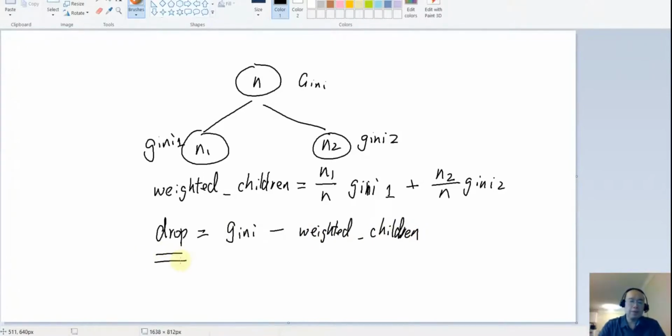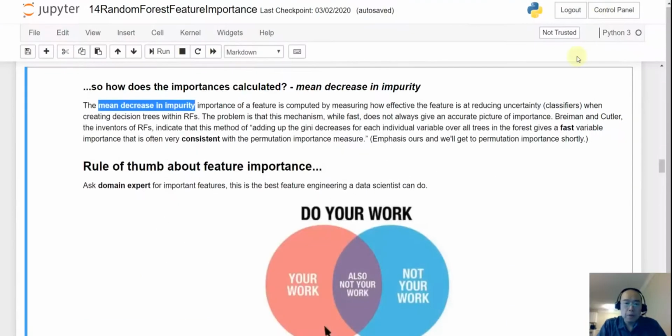If we have a good feature, then going from a parent to two children we will have a big drop of the Gini. If this feature has a lot of splits, and for all the splits the sum or the mean of the drop is really large, this means this feature has to be a good feature.